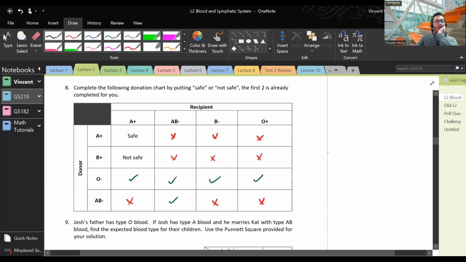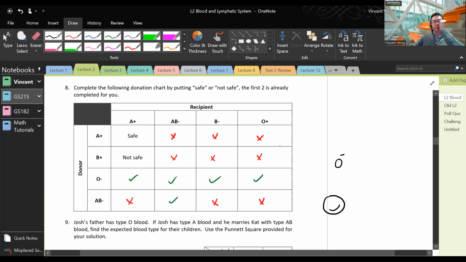Okay, so O negative, right? What is on the surface of O negative? There's no A, there's no B, and there's no Rh, right? So if there is nothing on it, when you transfuse it to all these people, it doesn't matter what kind of antibodies they have, it wouldn't react because there's no surface antigen to react against.